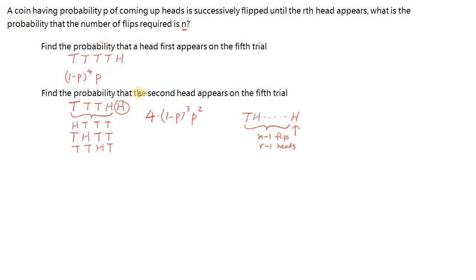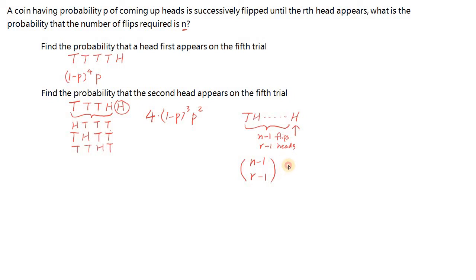So if you've been looking at the previous 2 examples, it's going to be n minus 1 choose r minus 1. That's all the possible rearrangements for the first n minus 1 flips where r minus 1 heads are present.